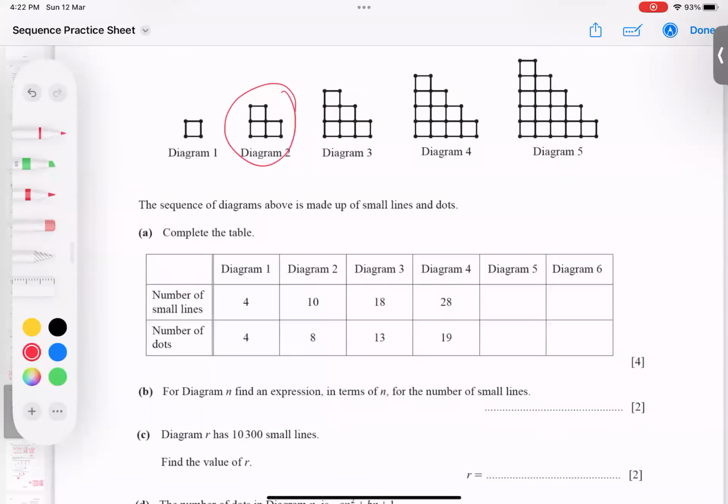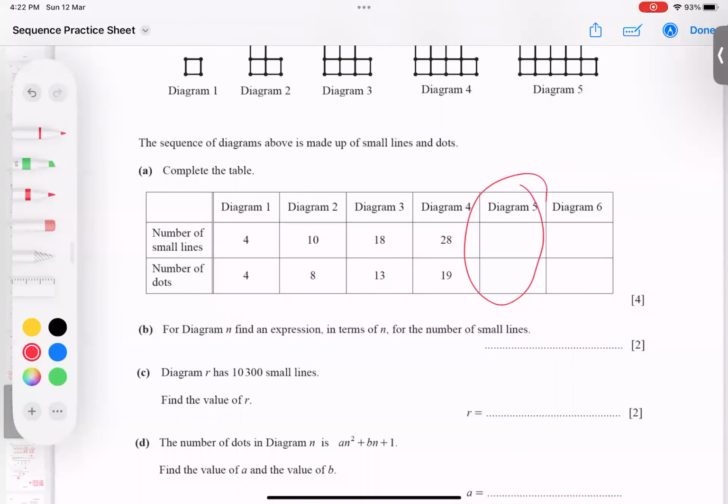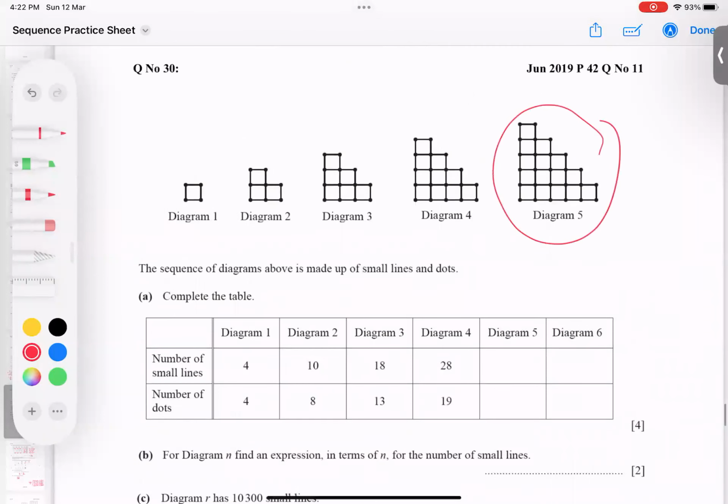Diagram number 2. I'm not counting, but it's very clear: 10 small lines and 8 dots. So I think you got the point. Even I can calculate here, but I will not waste my time on this one and this one. In British college exam papers, if you try to calculate from here and then do the next part, it will take a lot of time.